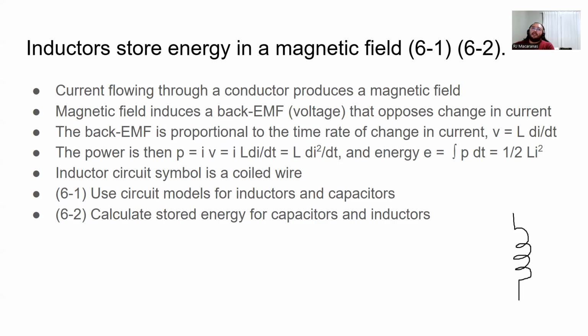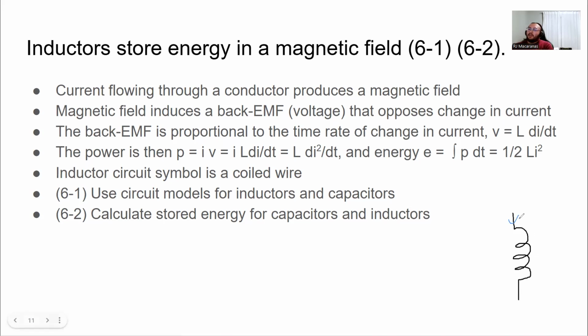Again, inductors store energy in this magnetic field. As current flows through the conductor, it builds up a magnetic field, and this magnetic field induces a voltage that opposes the change in current. So you can imagine, if I've got current going this way, there will be some back EMF, and it'll appear in each of these little coils going that way.